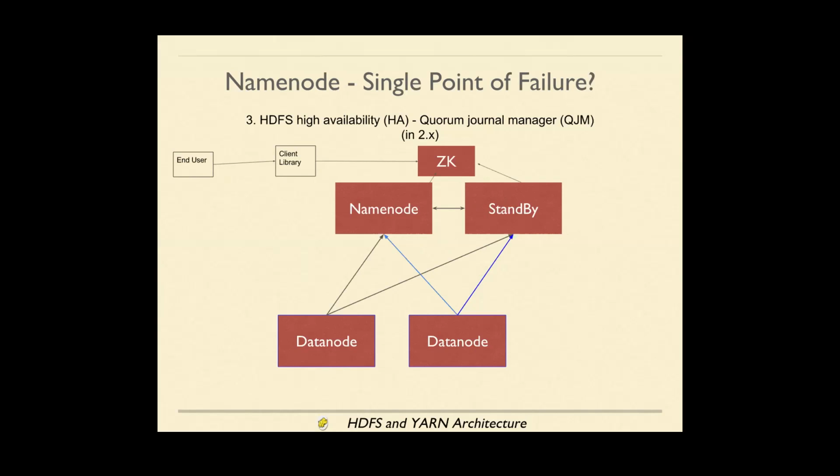In high availability you have two name nodes up and running, ready to serve. Two or more, I'll say.